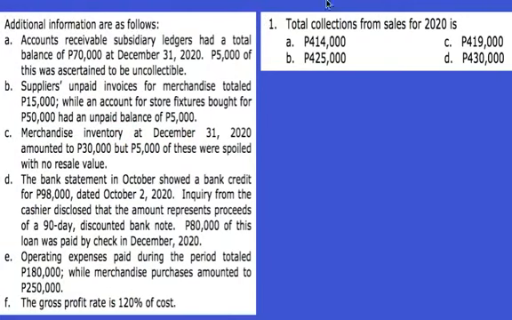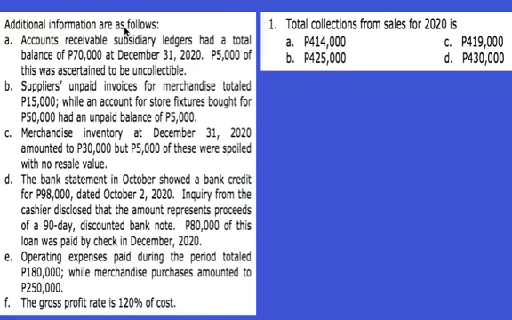Okay? So, normally, to get the collections, analyze the related accounts. Ano yung related accounts dyan? AR and sales. Unfortunately, hindi given yung sales. So, kukomputin muna natin. At ito yung additional information.